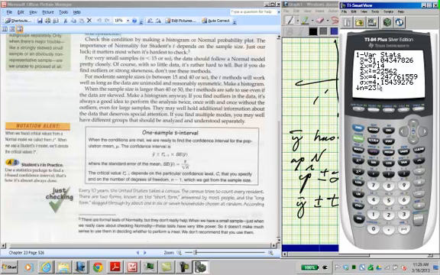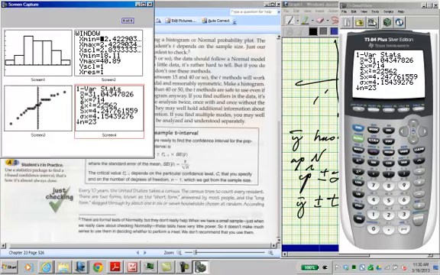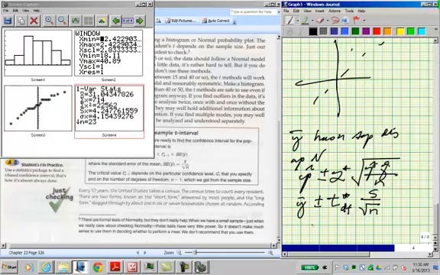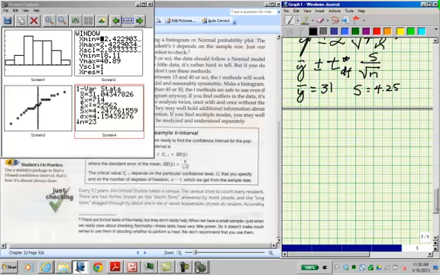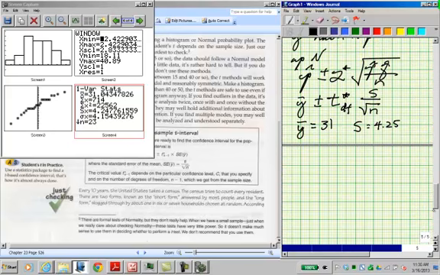So y bar equals 31 and s equals 4.25. All right, so now we can fill in the numbers. So it will be 31 plus or minus.